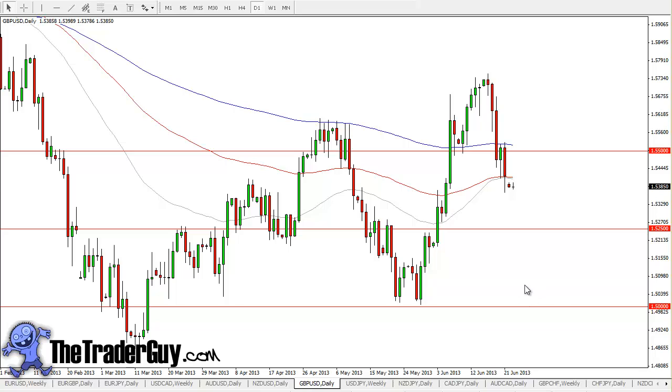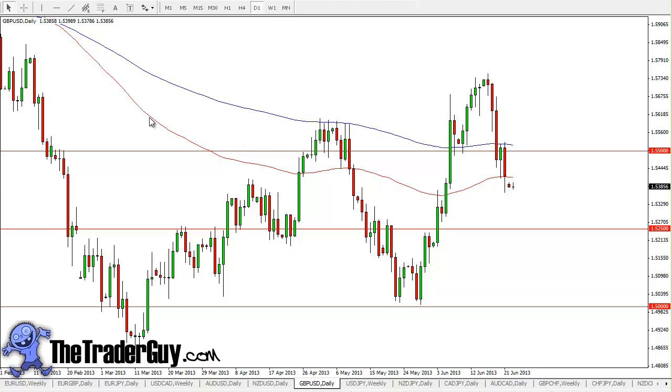You're starting to see a situation where the 100 or the 50 did try to cross, but it's not quite able to cross over the 100. That being said, the only reason I bring these up is simply because other people look at them.